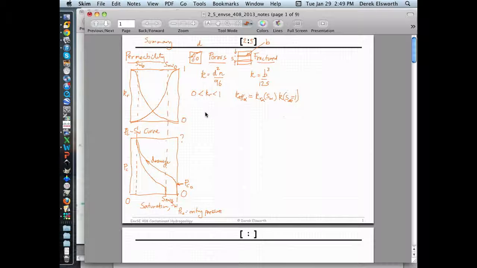The practical application of that is, if you want to calculate the volumetric flow rate of some phase alpha, you can get it by multiplying a cross-sectional area by an effective permeability, divided by viscosity, multiplied by the density of the fluid, multiplied by gravity, and the head gradient across the system.